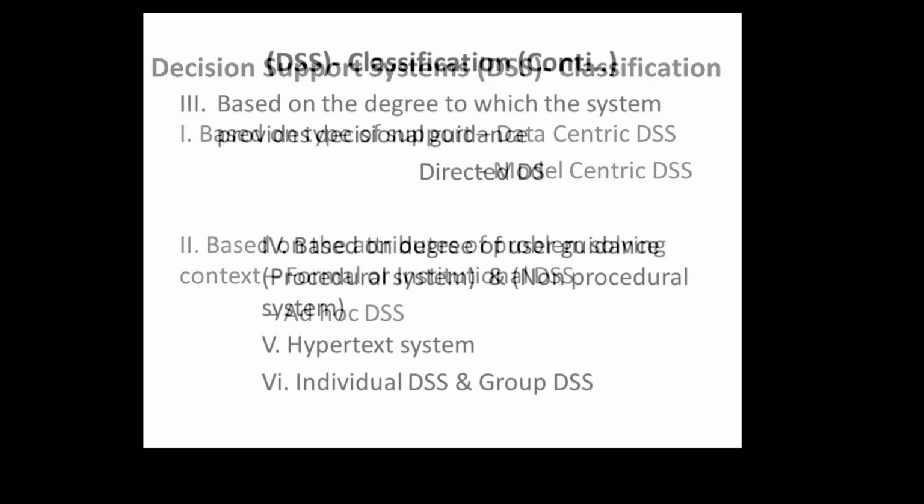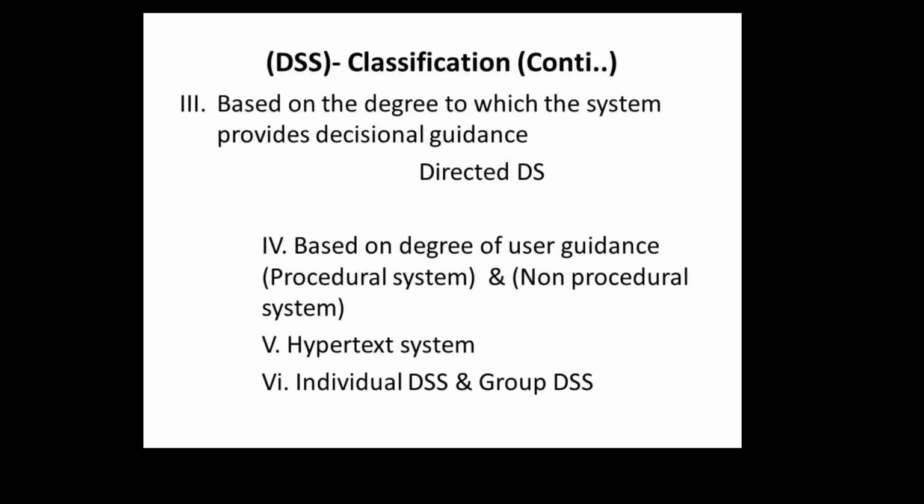Next we come to the third category, based on the degree to which the system provides decisional guidance, directed DSS. Here directed DSS means the manner in which the DSS guides its user in constructing and executing the decision making process by providing assistance in choosing and using its operators.